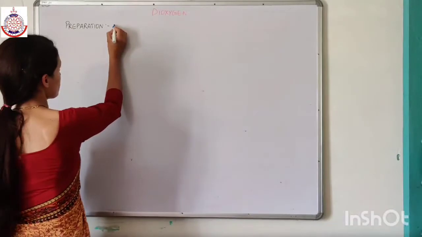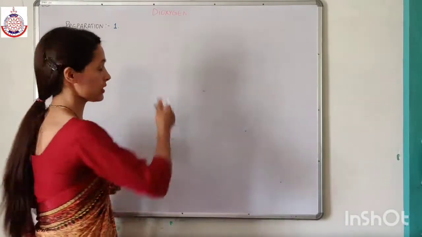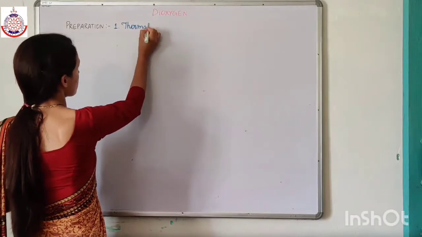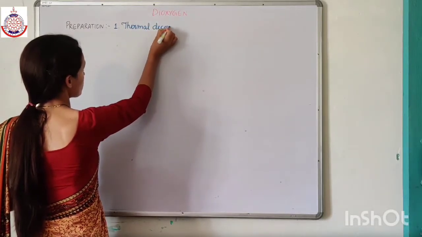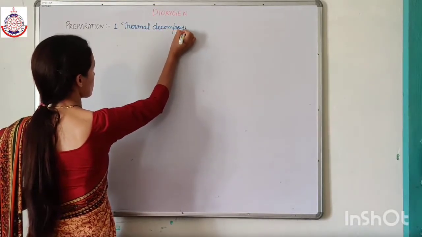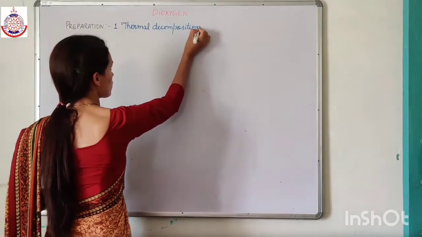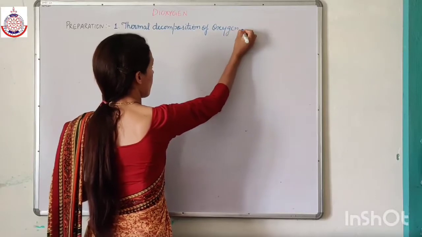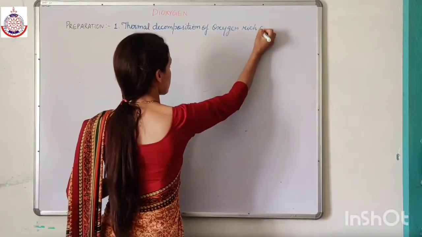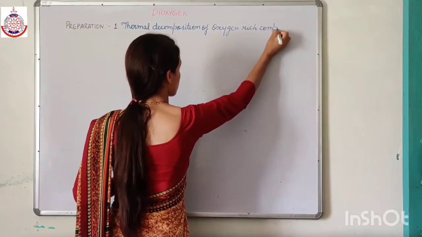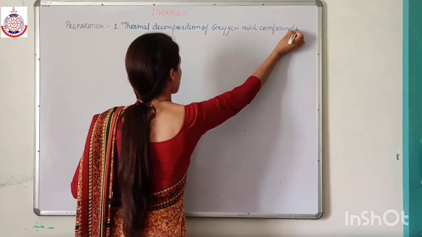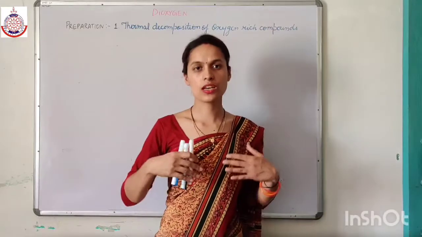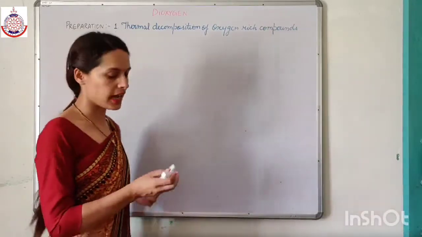So the very first method is the thermal decomposition of oxygen-rich compounds. We have many compounds in nature which are rich in oxygen. So on heating the compounds which are rich in oxygen, we get dioxygen.